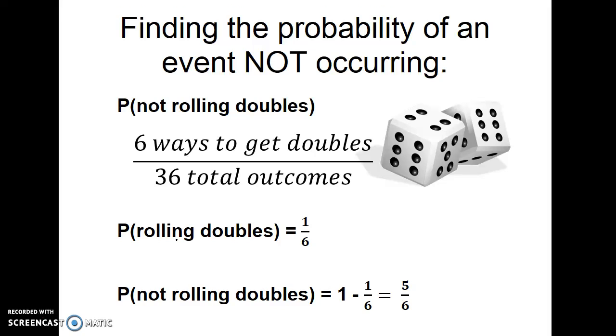That means the probability of rolling doubles with 2 dice is 1/6. If I want to find the probability of not rolling doubles, I'm going to take 1, because that's all of the possible outcomes, 6 out of 6, and subtract away the 1/6 that is doubles, and my answer is 5/6. The probability of not rolling doubles is 5 out of 6.